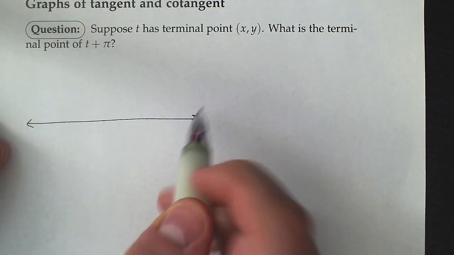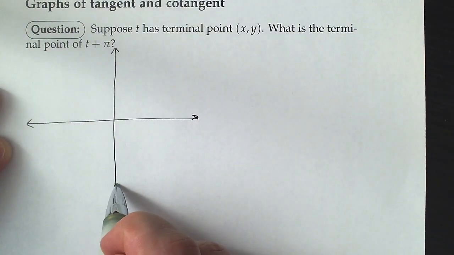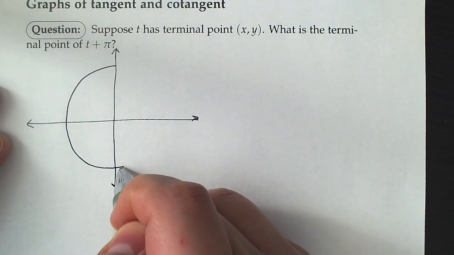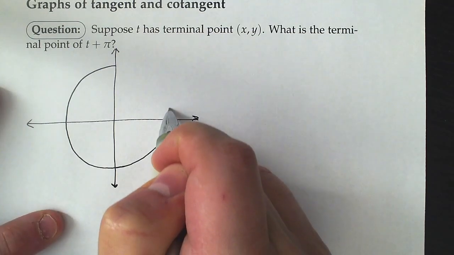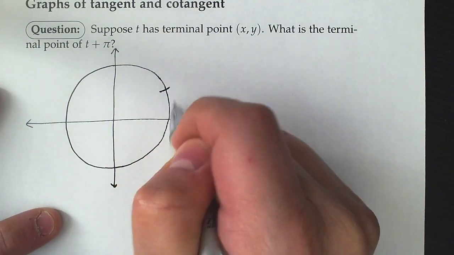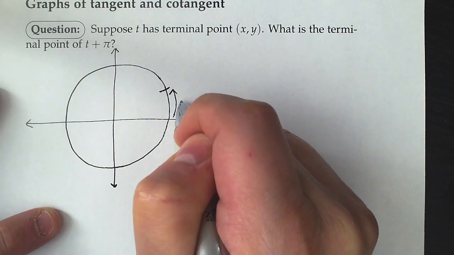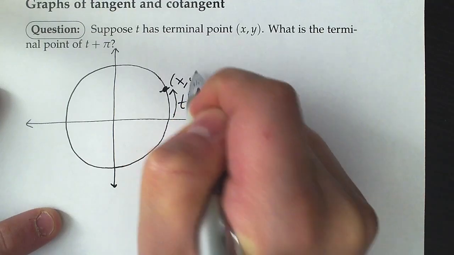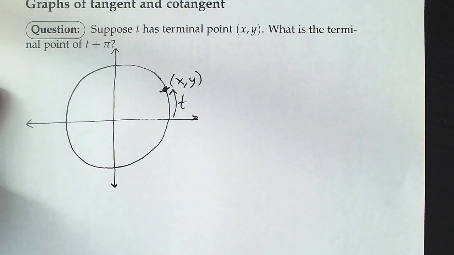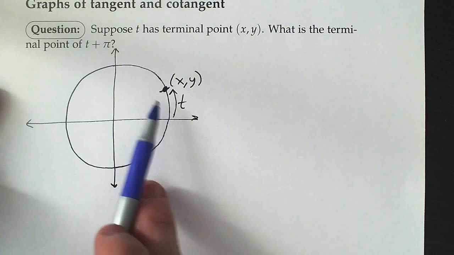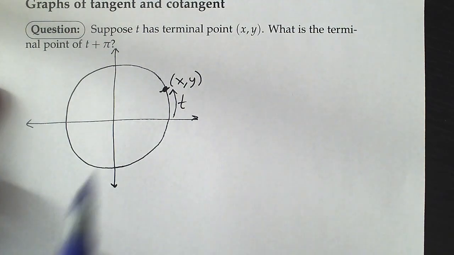So I'm going to draw a unit circle here. This question is more of a general question. It didn't give us a specific value of t, which just means in general. So maybe I'll imagine some value of t like this that takes me to some terminal point, x comma y. And the question is, what is the terminal point of t plus pi? Well, remember, 2 pi goes all the way around, which means pi goes halfway around the unit circle.